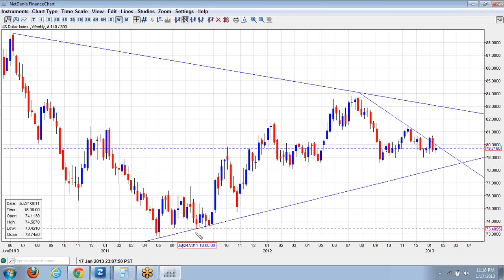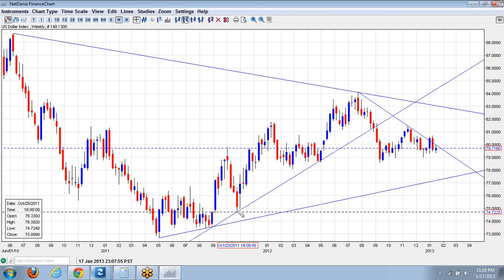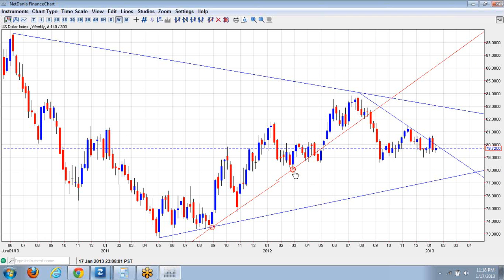Uptrend will be perhaps like this, and secondary uptrend might have looked like this. So a little bit more to the right, like this. Yeah, that'll do.